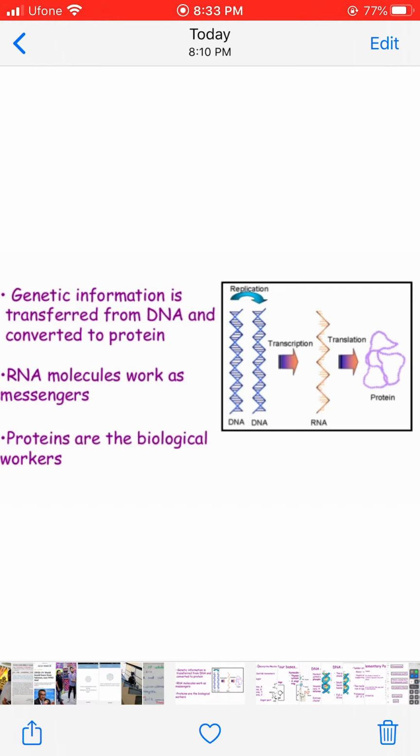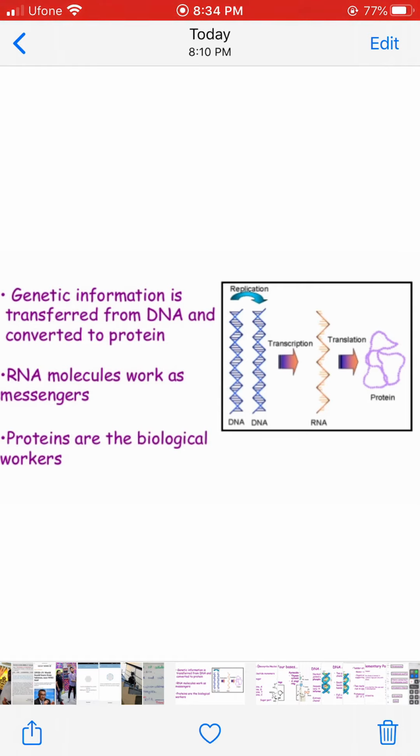And RNA, as I discussed before, is a molecule which works as a messenger. And secondly, RNA is also present in some viruses as a genetic information center.